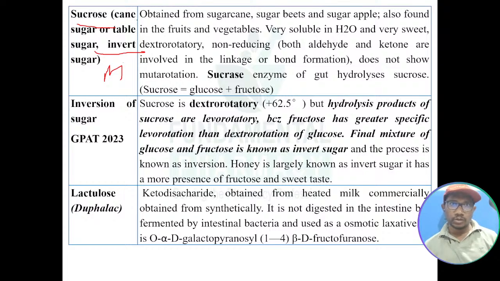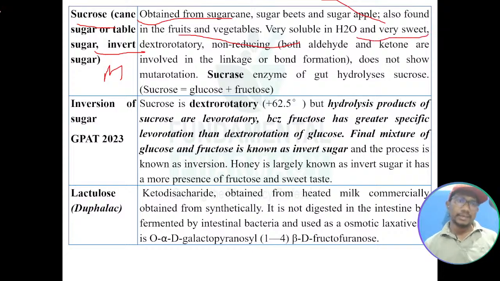So what is sucrose? Obtained from sugar cane or sugar beets, also found in fruits and vegetables. It comes in many fruits and vegetables. Very soluble in water and very sweet in taste.